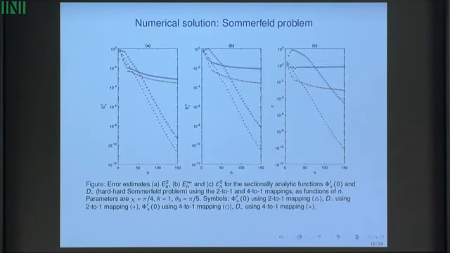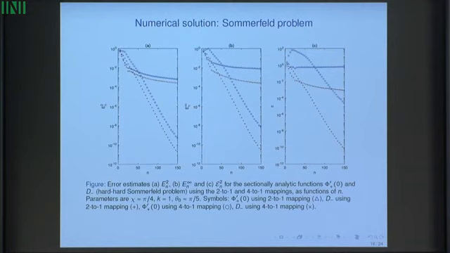Okay, so here I'm just showing you some errors that we are computing. These are different norms. Let's just focus on the first one. These two series of points here correspond to the error when we use the 2-to-1 mapping, and we see that the error is not very good because, as expected, the numerical scheme is not able to capture what is happening near the origin.